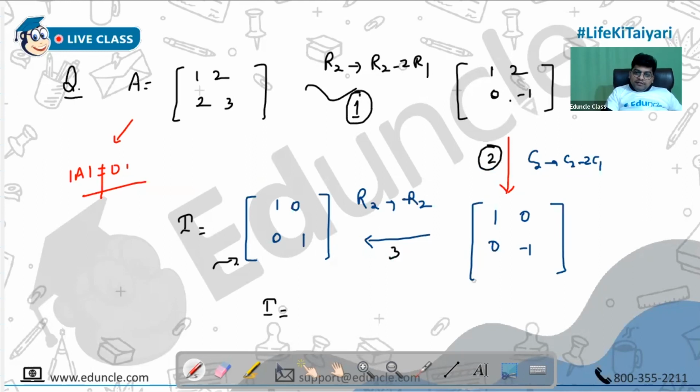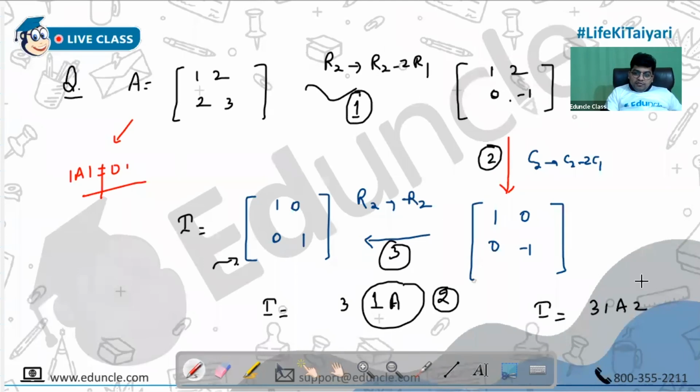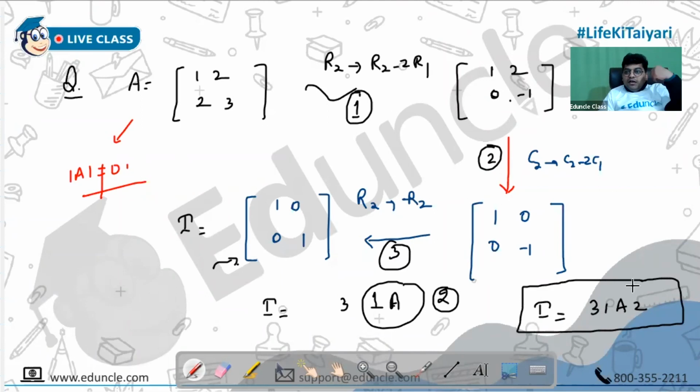On A, I first applied the first operation, and the first matrix came. Further, you apply the second operation on the right-hand side, and this matrix came. Then you apply the third operation. So you can say I is equal to E3 E1 A E2. Here E3 and E1 are elementary row matrices, and E2 is the elementary column matrix by applying the same operations.